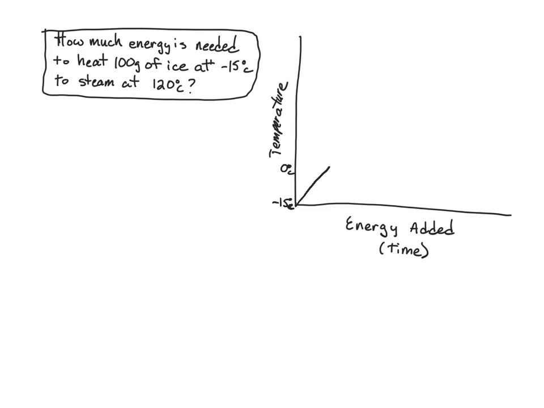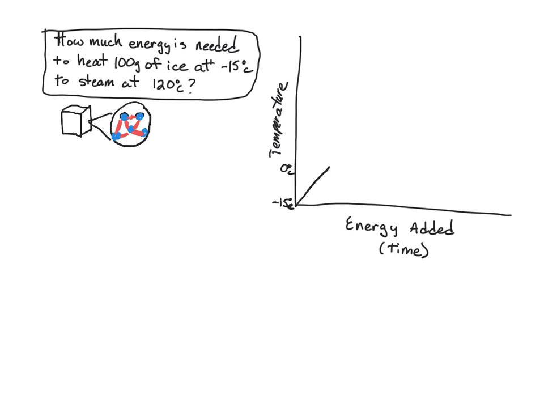So literally what's happening during this portion of the graph, here's my ice cube. In this ice cube, I've got water molecules, let me make those blue, that are arranged in an orderly configuration. The intermolecular forces between these particles are strong, so they're locked in place.